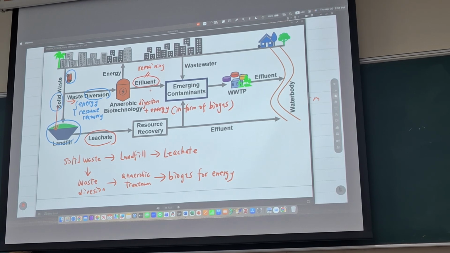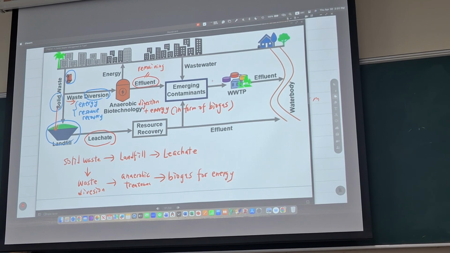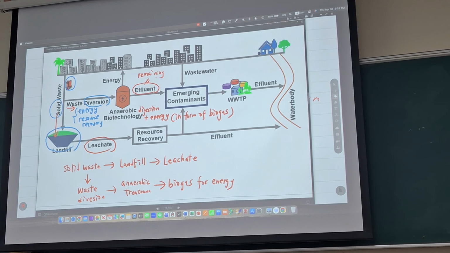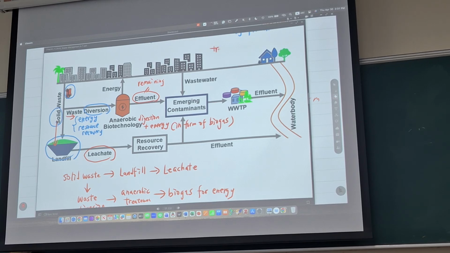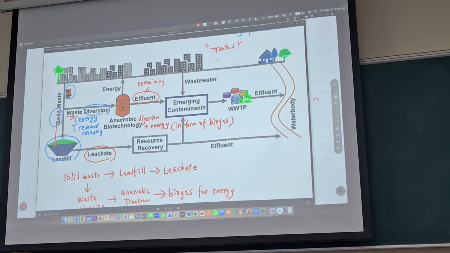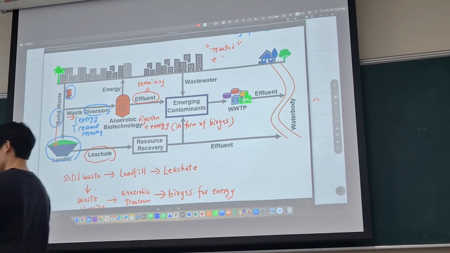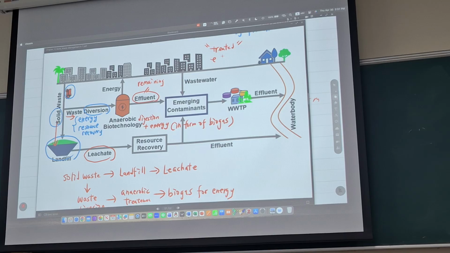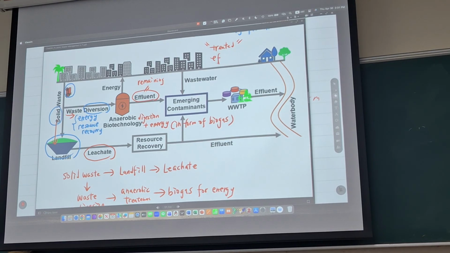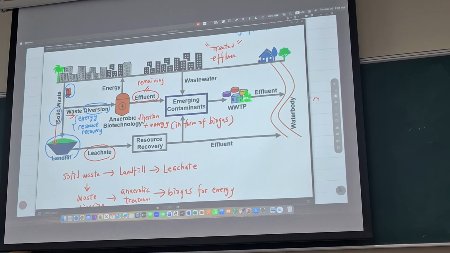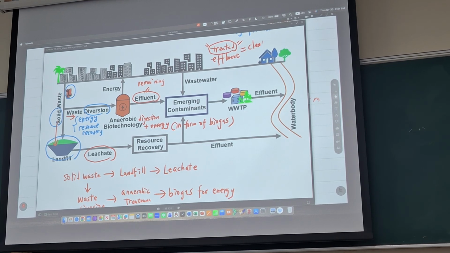If we say this is the treated effluent, if you say treated, that means clean.